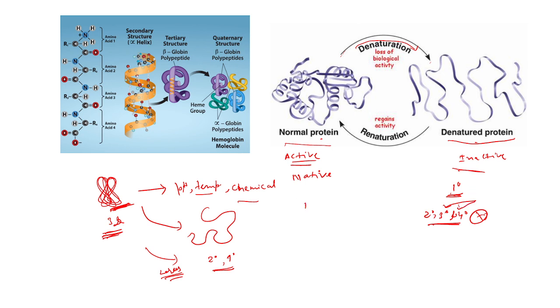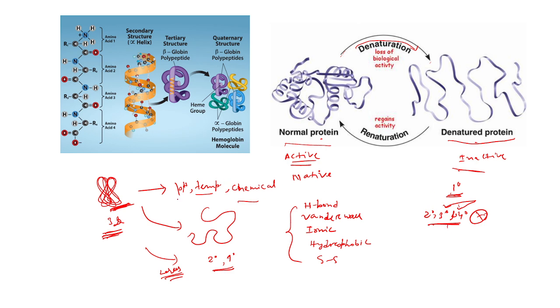One is hydrogen bond, another is van der Waals interaction, third is ionic interaction, next is hydrophobic interaction, and another is the disulfide bond. So these 5 factors are responsible for the formation of the tertiary and the quaternary structure.